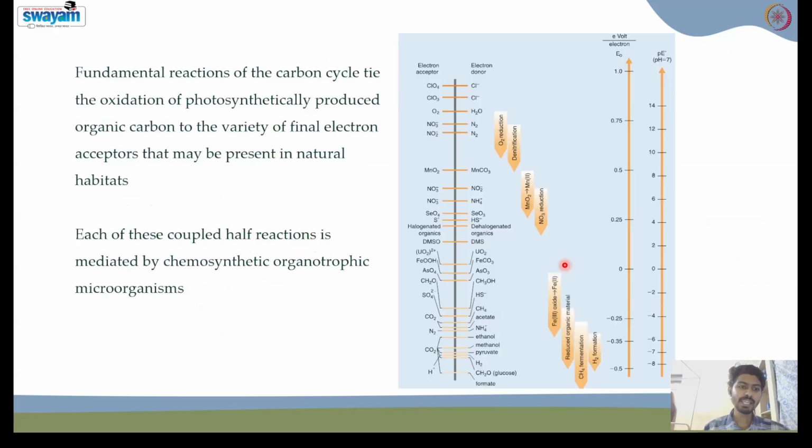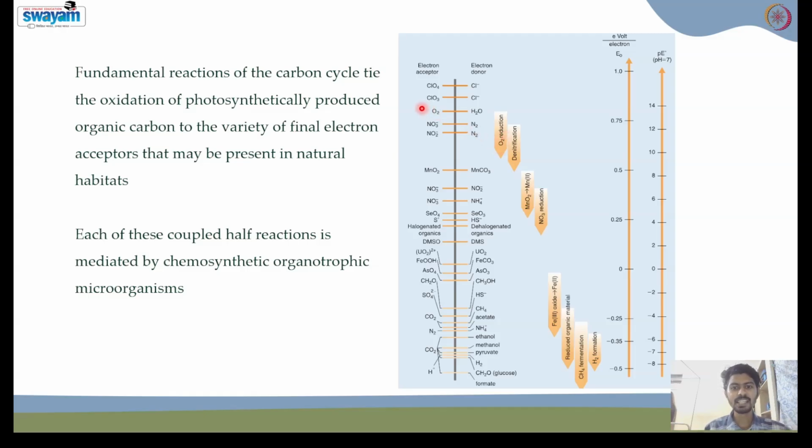And if you want to understand the oxidation reaction of a particular ecosystem, you need to understand the concept of electron acceptor. And we will see the concept of E naught and PE later. But as of now, you can understand that the most energetically favorable reaction is first O2 reduction.